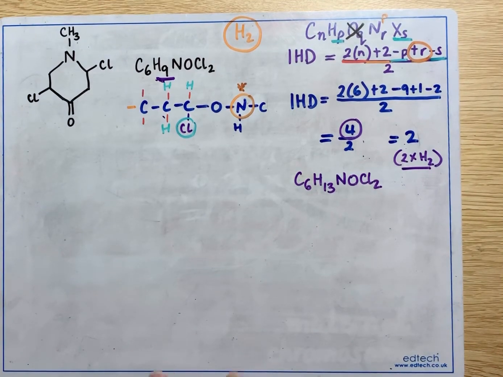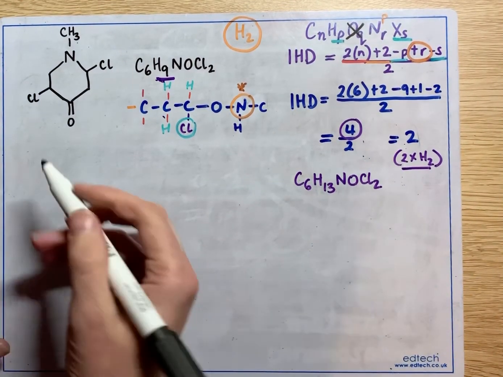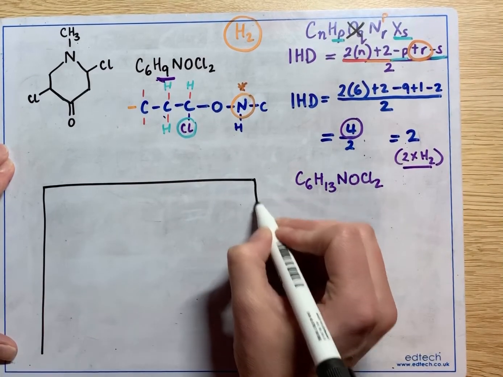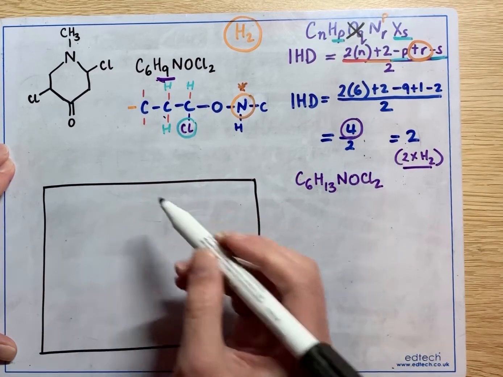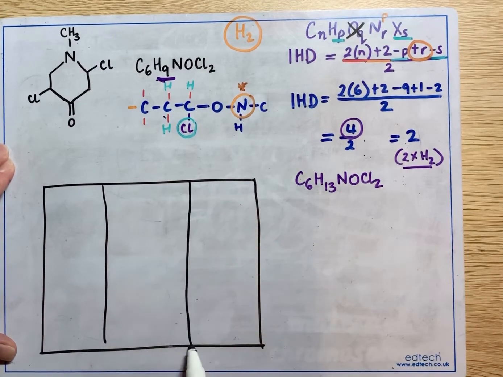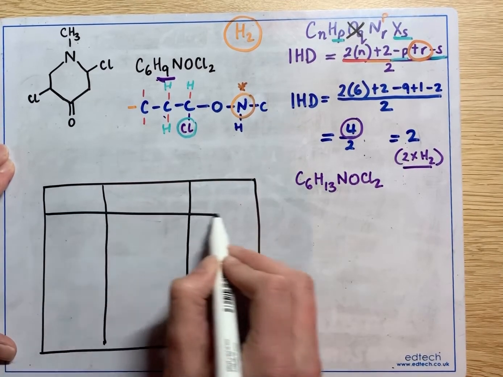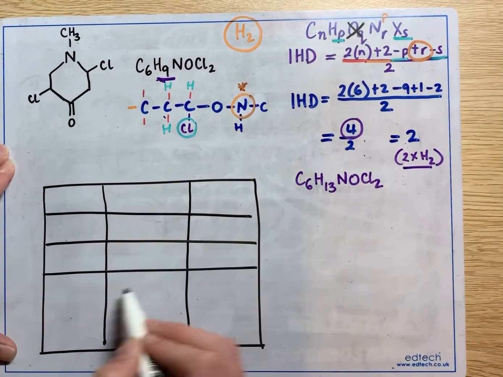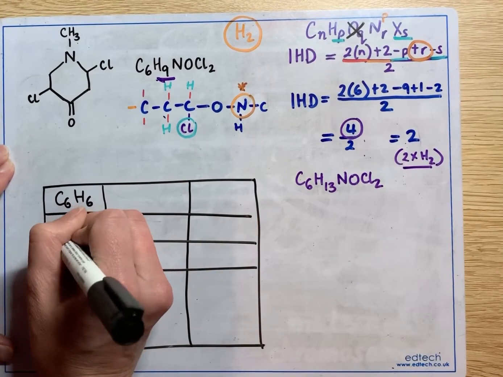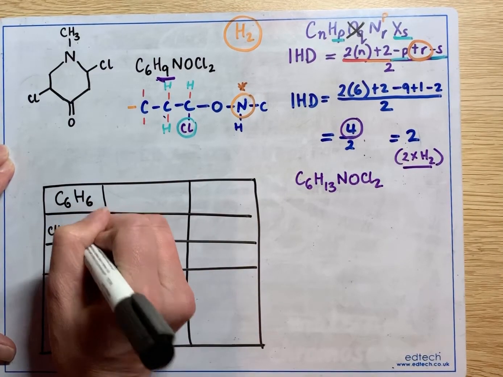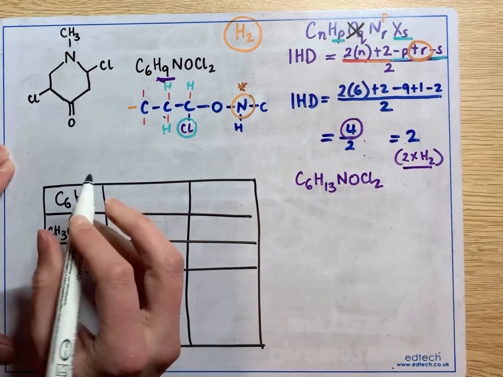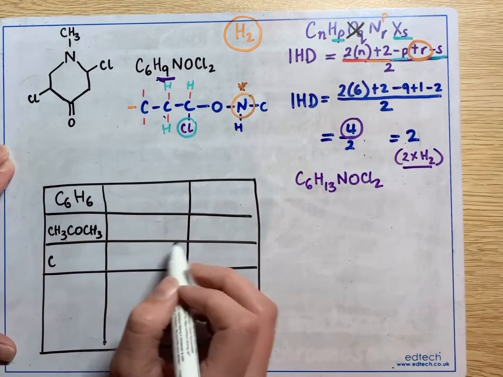Okay, so the questions in the book then, let's go through those. If I just pop a little table here. Sorry, it's not the neatest. Okay. How many do we have? We have C6H6. We have CH3, CO. Now they've given us condensed structural formulas here, but you actually only need to find just a really simple molecular formula.